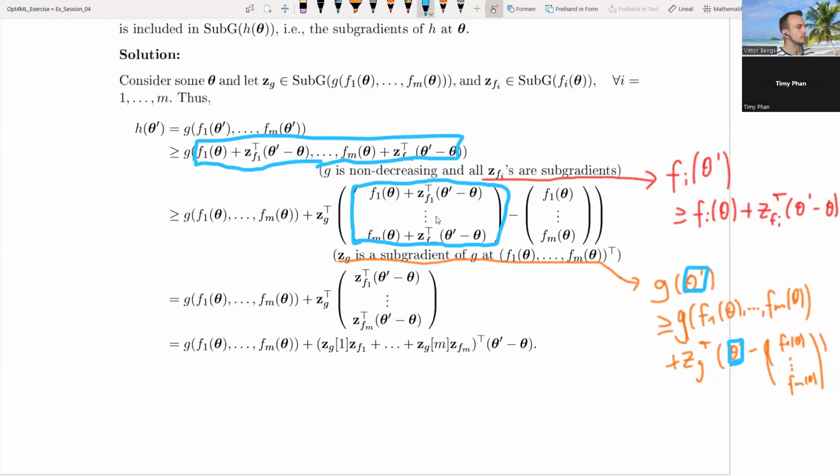Here we have the difference between two vectors. In this vector we have a sum in each component. Now we do the subtraction of these, and what remains is only these inner products of theta prime and theta with the corresponding subgradient of the fi function.